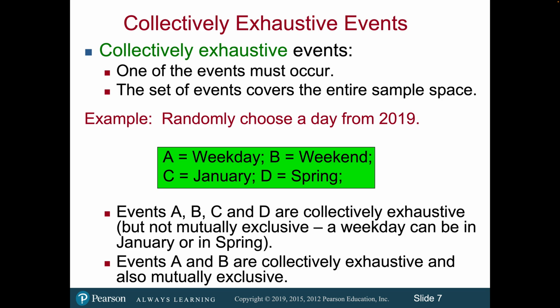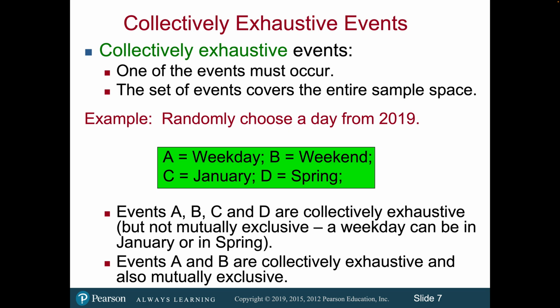So if we randomly choose a day from 2019, and let's say that event A is a weekday, B is a weekend, C is January, and D is spring, then the events A, B, C, and D are collectively exhaustive, but not mutually exclusive because a weekday can be in January or spring. But we can say that events A and B are collectively exhaustive and mutually exclusive because a day cannot be in a weekend and a weekday.